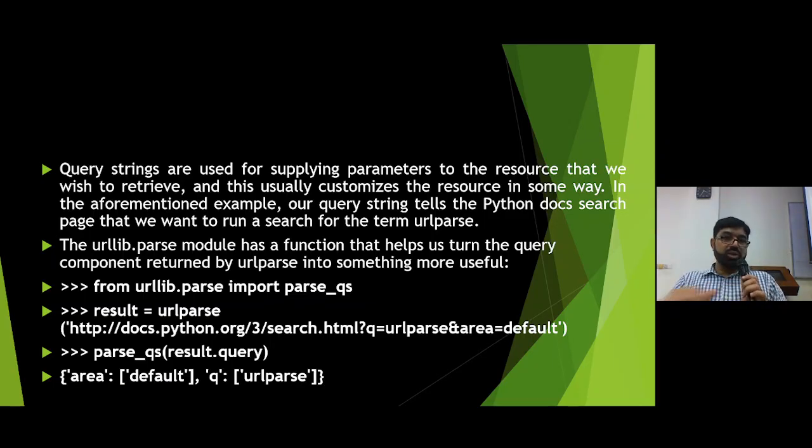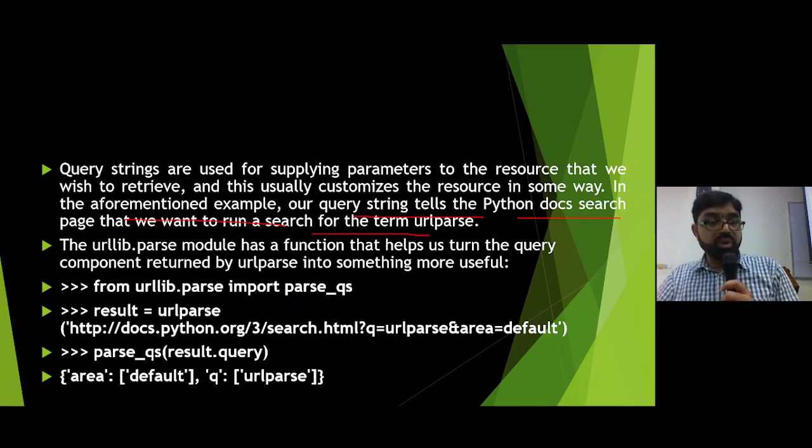That's how this query string works. It is used for supplying parameters to the resource we wish to retrieve, and this usually customizes the resource in some way. In the aforementioned example, the query string tells the Python docs search to search for the term urlparse.